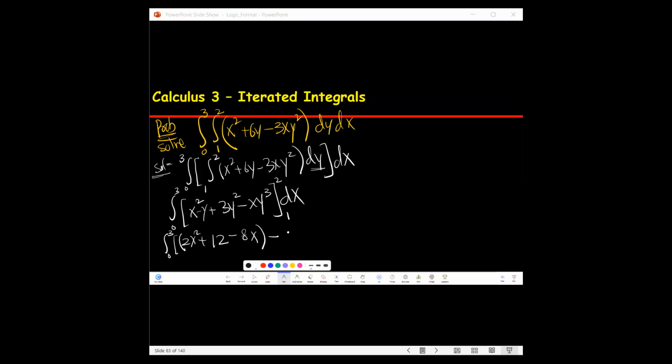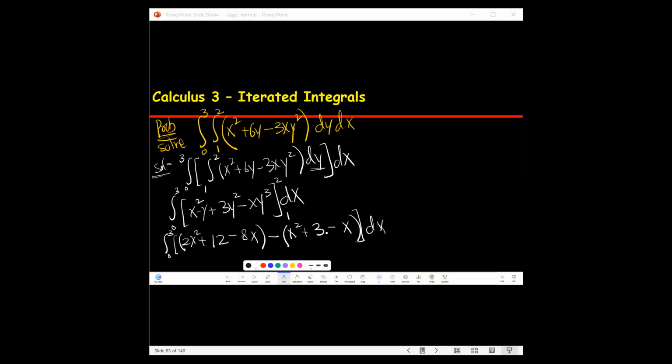Okay, so I don't want to be nullified. All the values are going to be 1 y squared, right? So my integrand is going to be x squared plus 3, and 1 times square is going to be 1 minus x, and then dx.